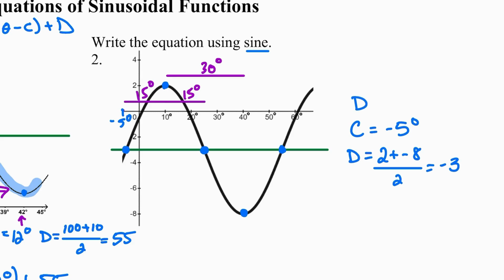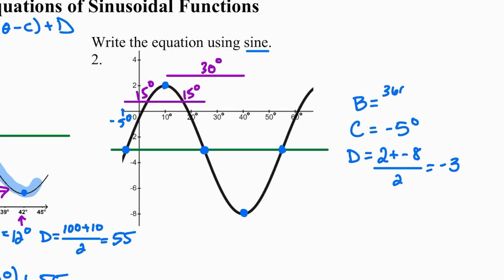Well, then for B, we could think about our quarter points, or our half cycle points, or we could think about our full cycle points. So if half of a cycle is 30 degrees, then that means a full cycle is 60 degrees.